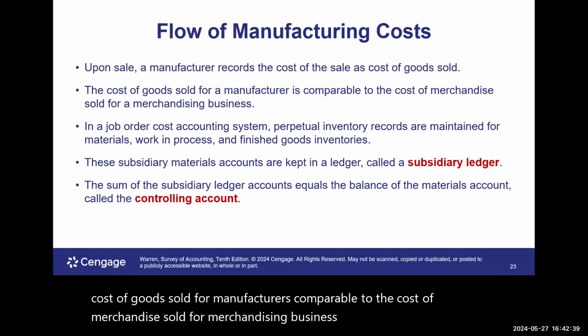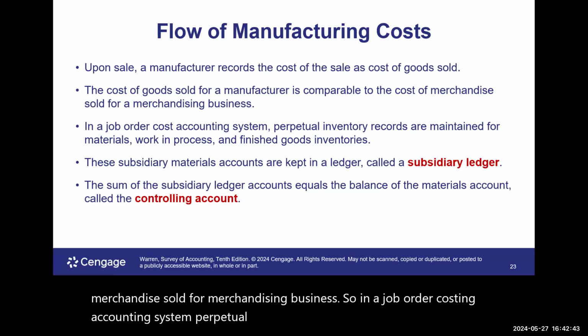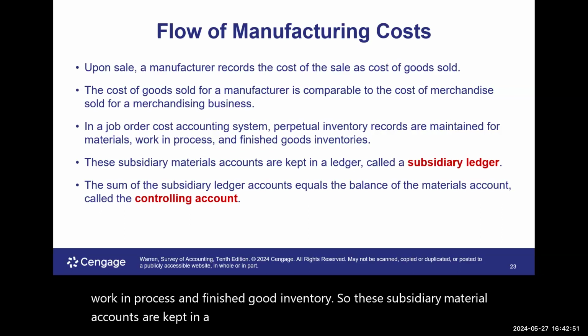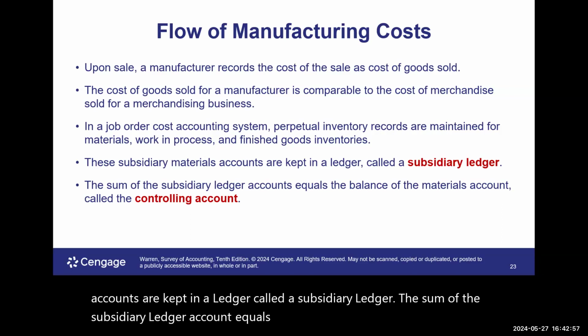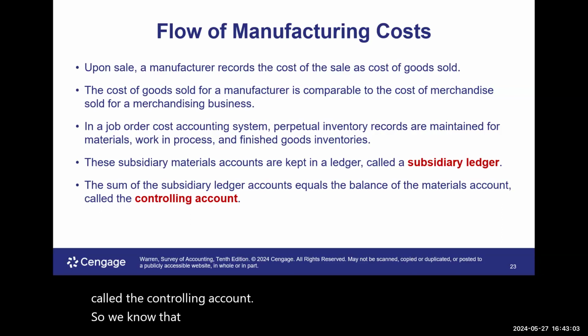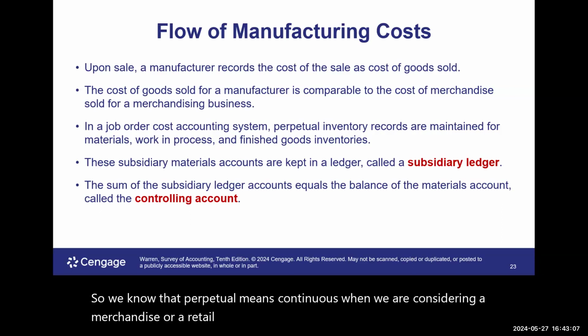So in a job order costing accounting system, perpetual inventory records are retained for material, work in process, and finished goods inventory. These subsidiary accounts are kept in a ledger called a subsidiary ledger. The sum of the subsidiary ledger accounts equals the balance of the materials account, called the controlling account. We know that perpetual means continuous. When we are considering a merchandise or a retail company, it is tracked continually.